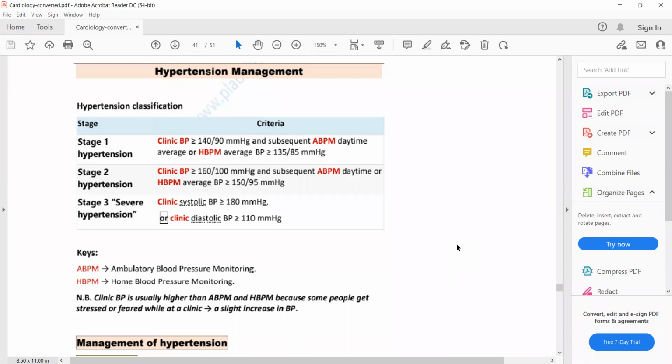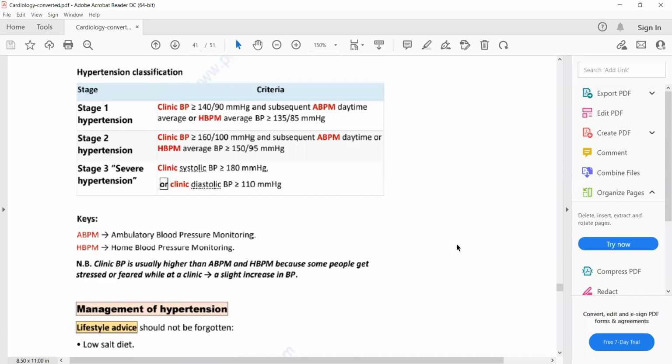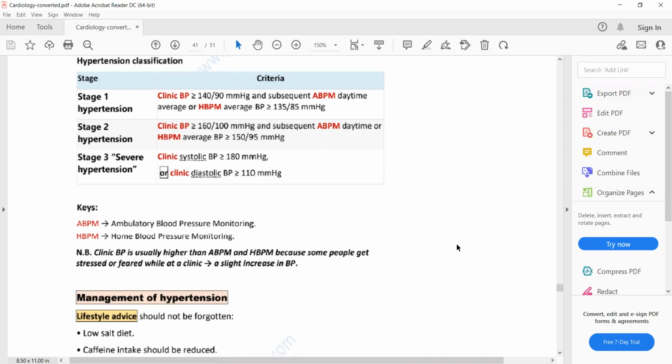So our next topic is hypertension management. Hypertension classification: there are three stages of hypertension: stage 1, stage 2, and stage 3. Stage 1 hypertension is clinic BP of 140 over 90.